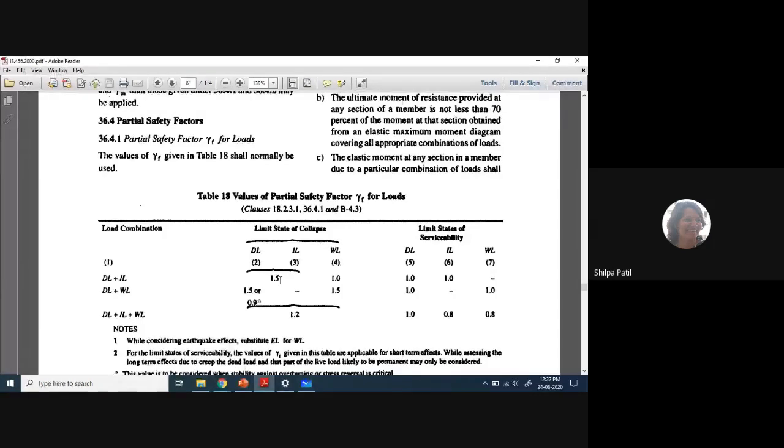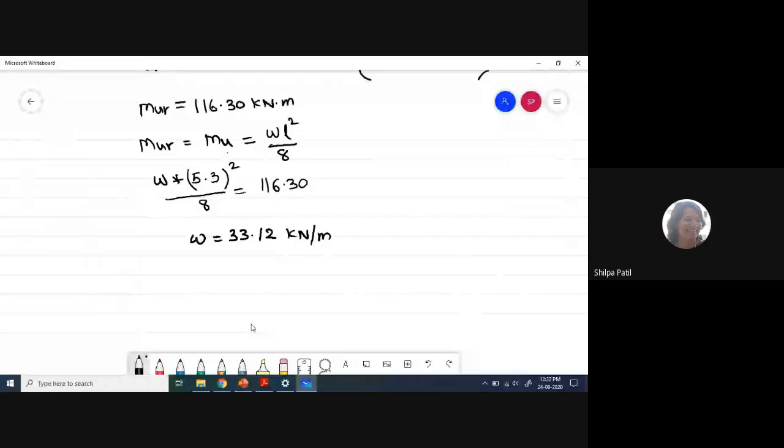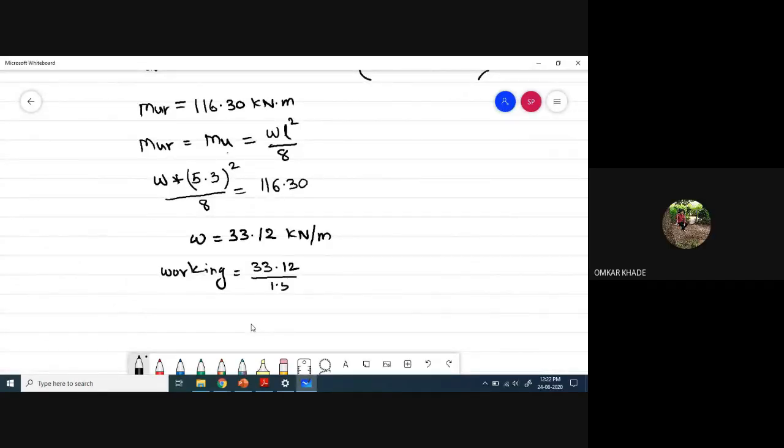Okay. So here this is the design load. To find out the working load, I have to simply divide this value by my partial safety factor of 1.5. So what is the working load? 22.08 kilonewton per meter.